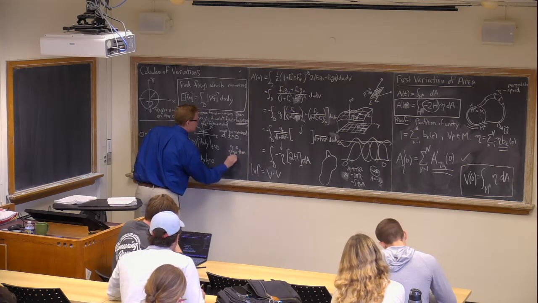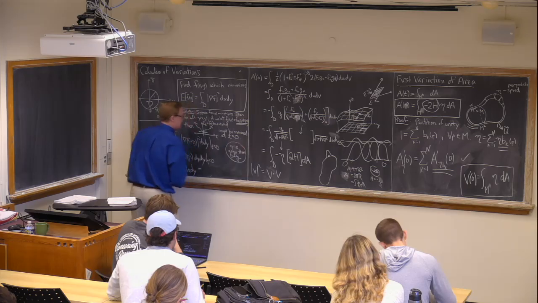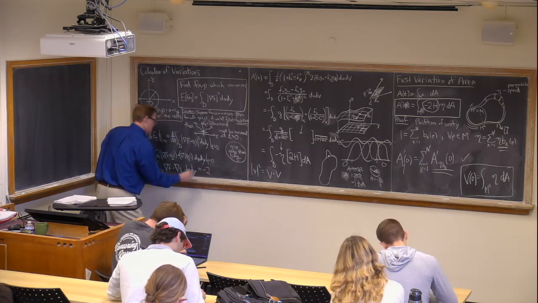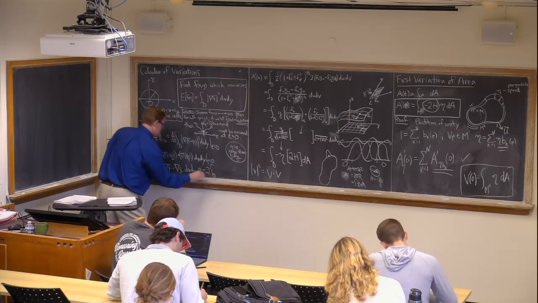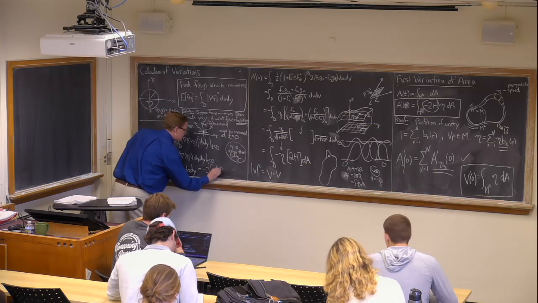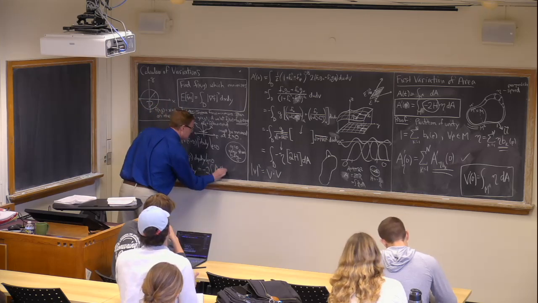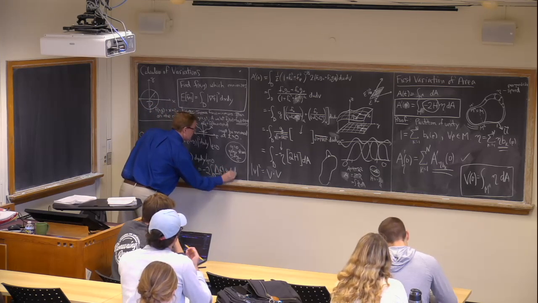So when I integrate by parts or use the divergence theorem, there isn't any boundary term. Then I get minus 2, the integral over D, and then I have the Laplacian of f, that's the divergence of the gradient, times g dx dy.